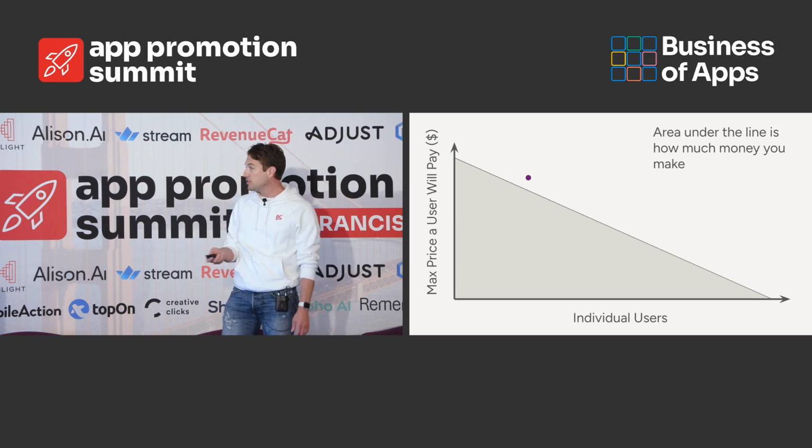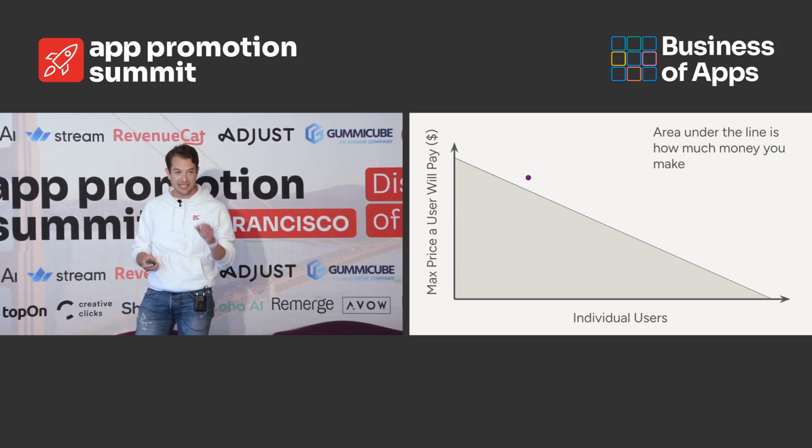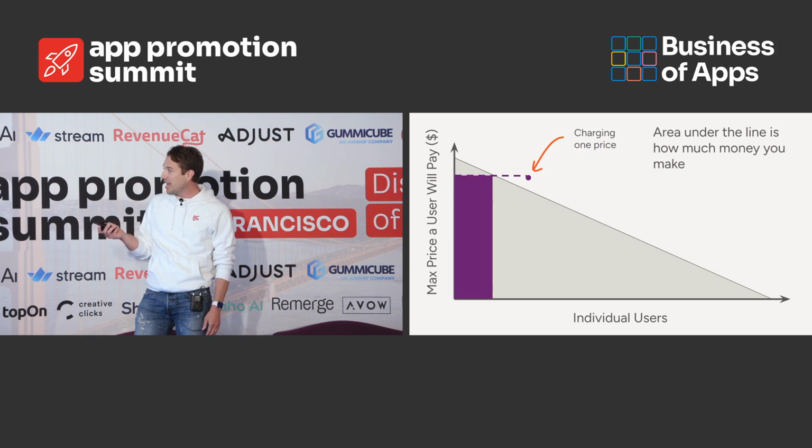So you have an app, and you decide to charge a single price. That's a data point here. Now you have to take into account all these different users and their willingness to pay. If you charge just one price, how many of these users can you actually reach? You draw a straight line over to the left, see where that intersects with your pricing line, and this area right here is your revenue.